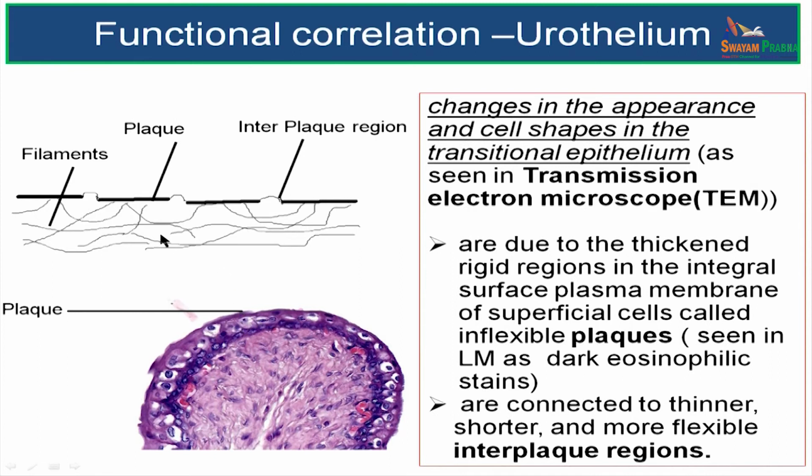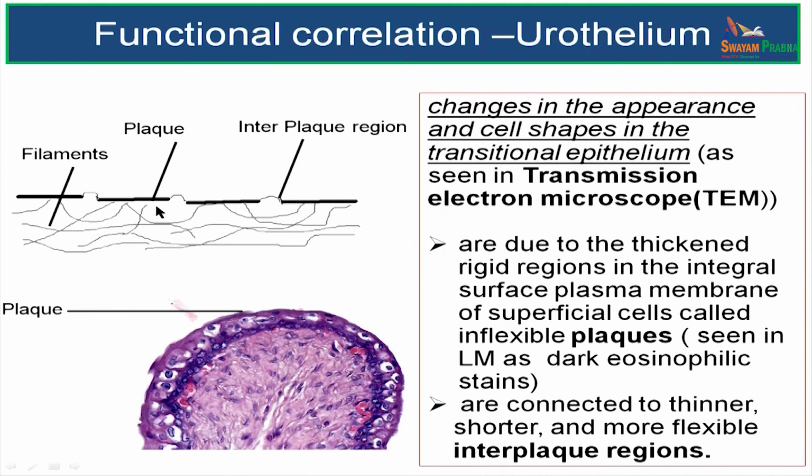Just look at this diagram above. This is a diagrammatic representation of the superficial cells of the urothelium. The superficial cells have thickened regions called plaques. These are visible only in a transmission electron microscope.